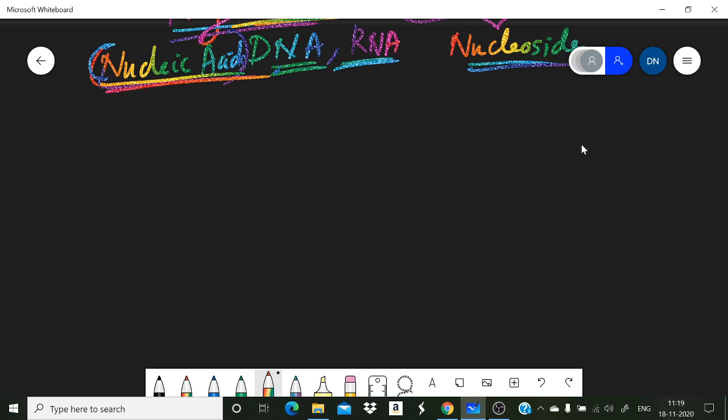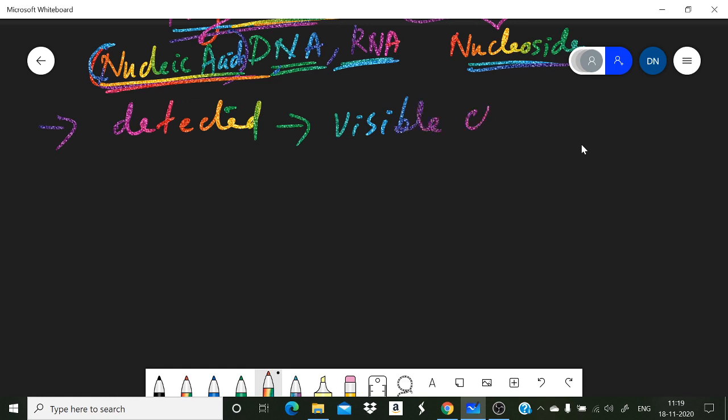We know that gene mutations are sudden, very distinct changes in the DNA, and they can be detected by visible changes in the phenotype of an organism.